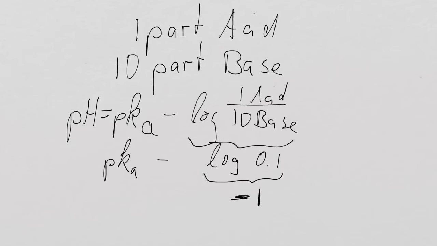Yeah? And therefore, we have pH equals pKa minus times minus gives plus. So it's pKa plus 1. Or in other words, let's say our pKa is 7. What's the pH? 8. So if we add more base than acid, we would expect the pH to go up. So in this case, pH must go up.